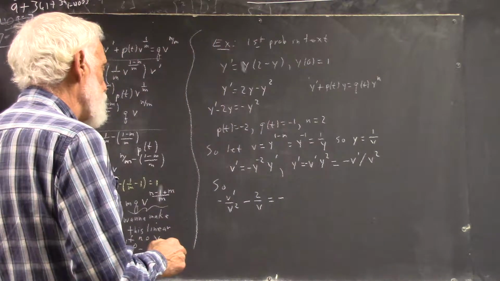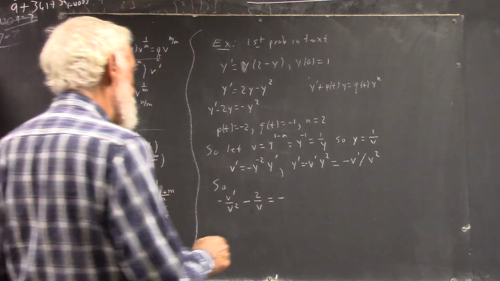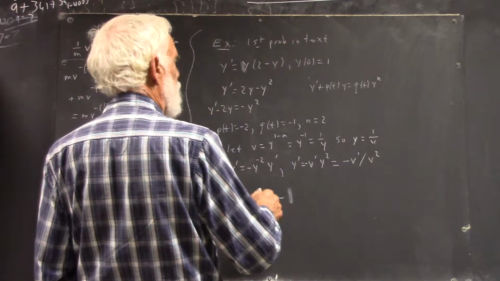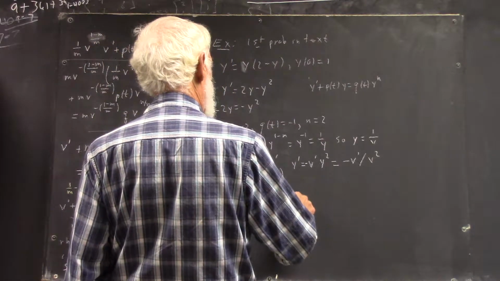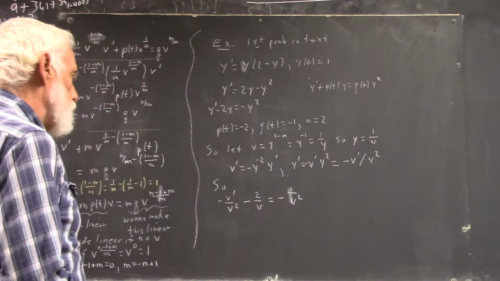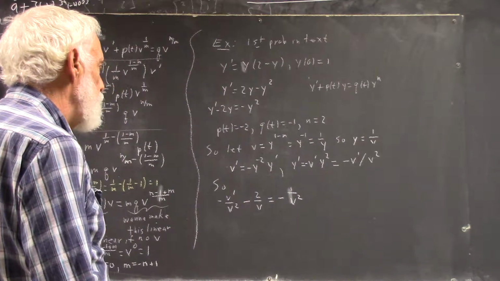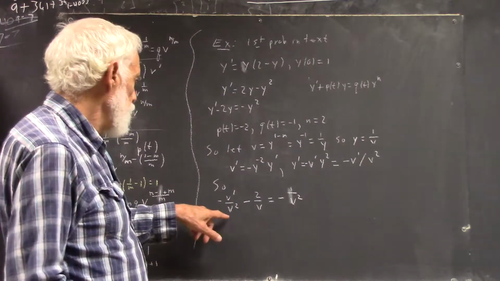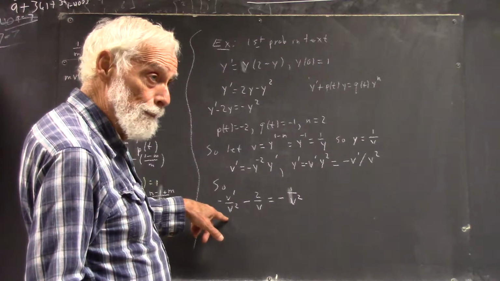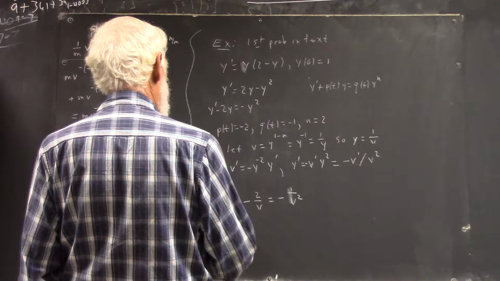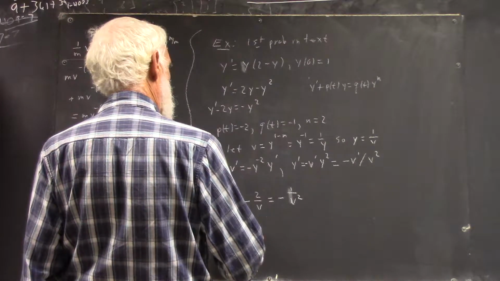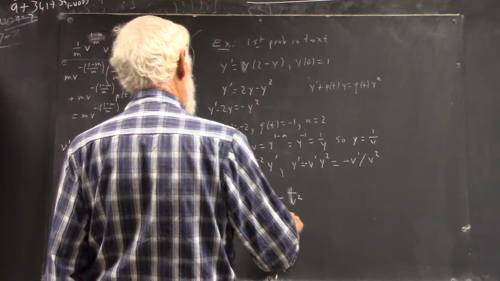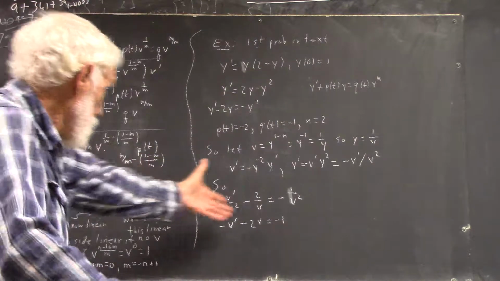Okay? Sorry, -y squared is -1 over v squared. Right? And now what we want to do is multiply by that v squared in the denominator, and we get -v prime minus 2v equals -1. There you go, it's linear.